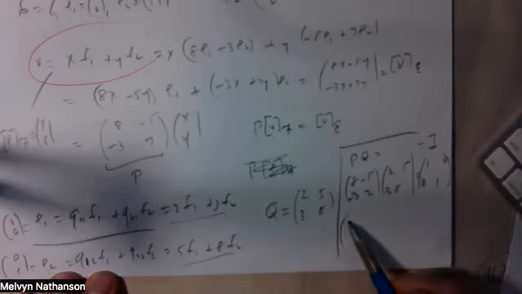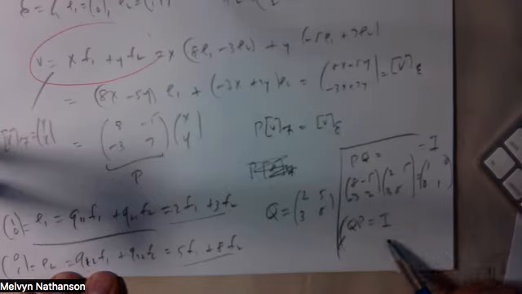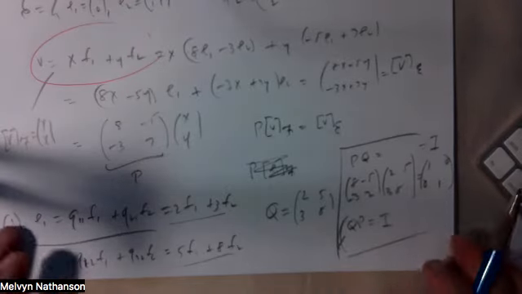And you can check if I multiply in the opposite order, Q times P, I'll also get the identity matrix. So Q is the inverse of P. When you multiply PQ or QP, in both cases, you get the identity.